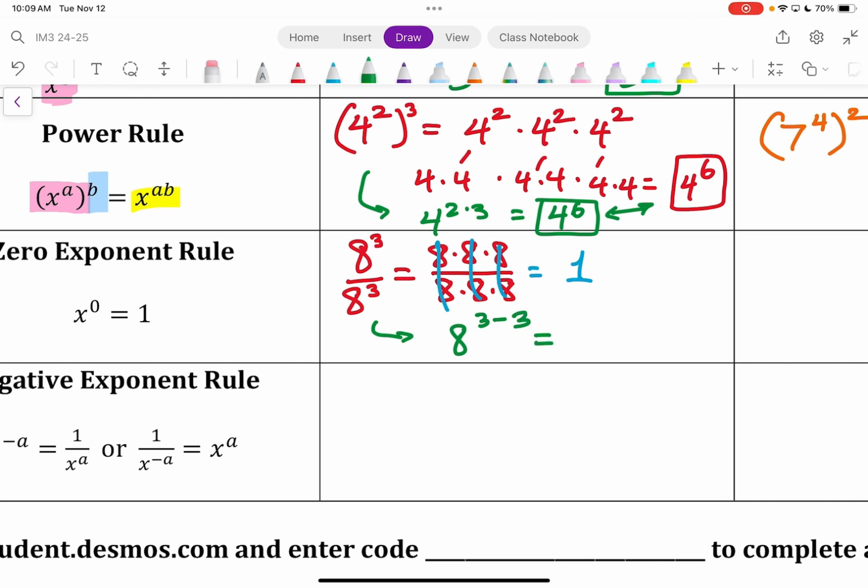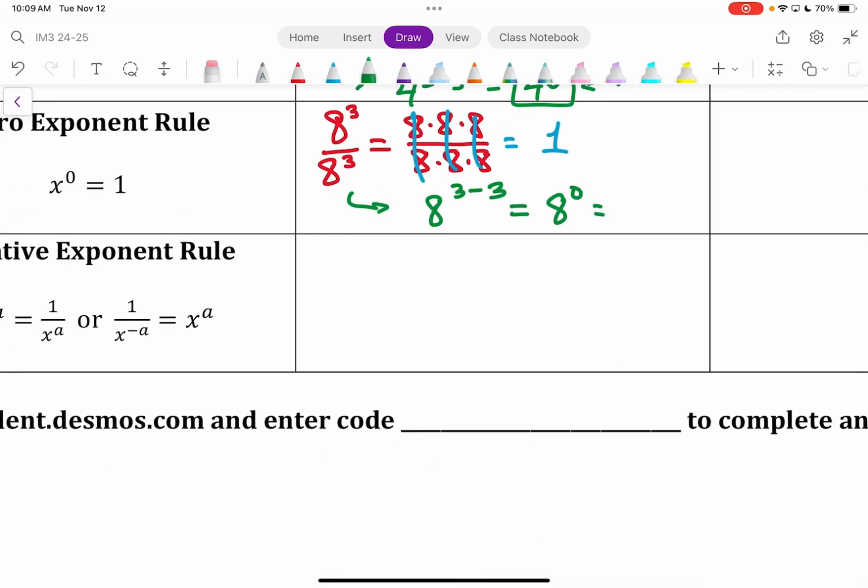And when I subtract 3 from 3, what do I get? 0. So I end up with 8 to the 0. But we know from the solution we just got above that 8 to the 0 must equal 1. And that is how we get a solution of 1.